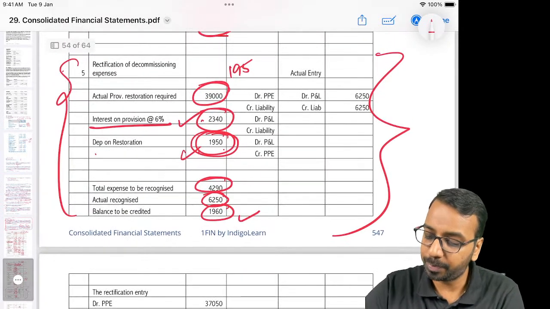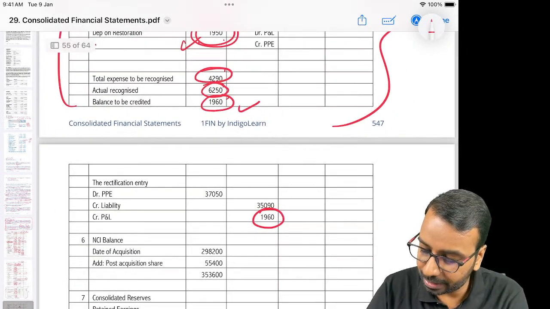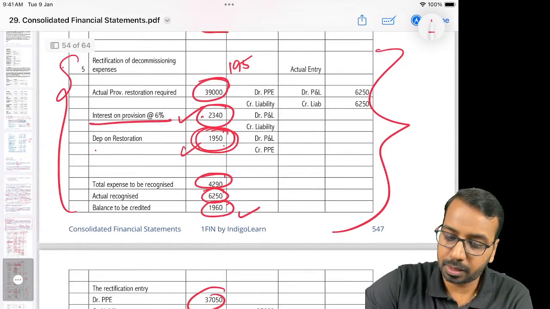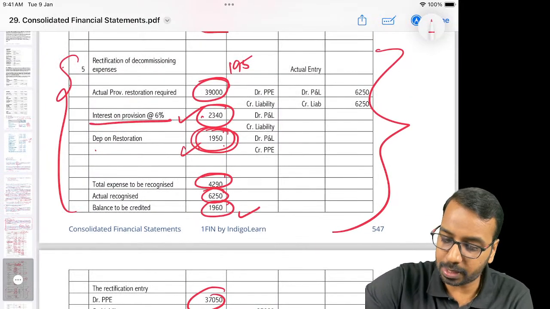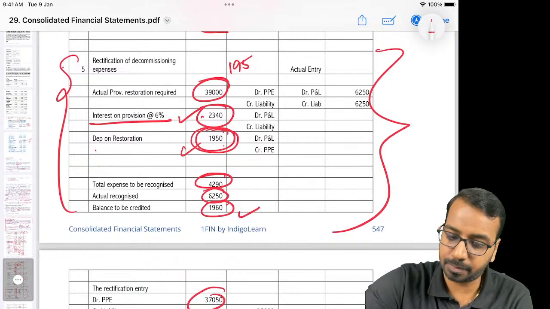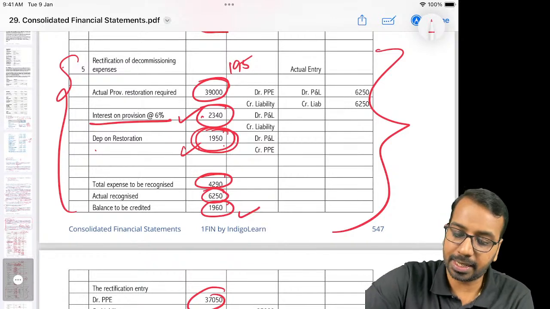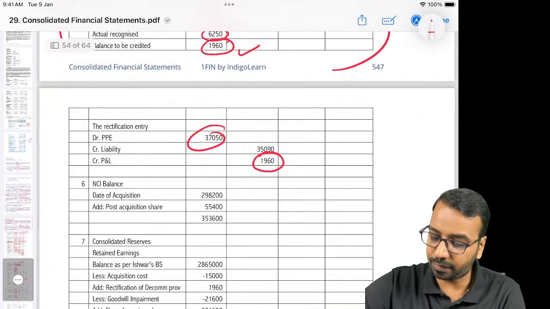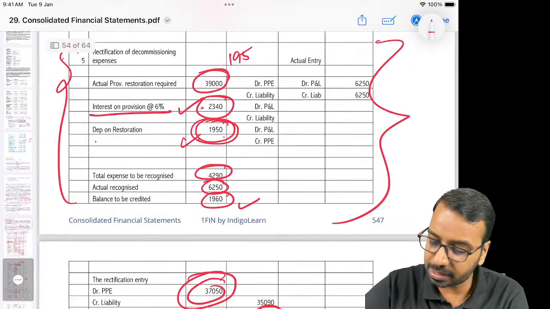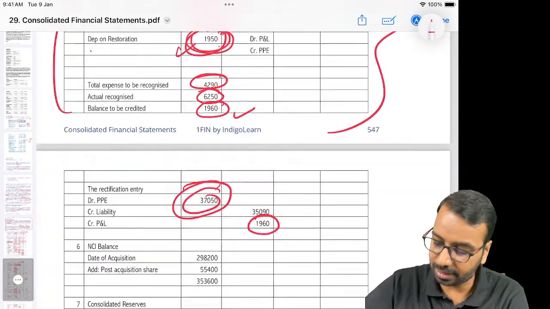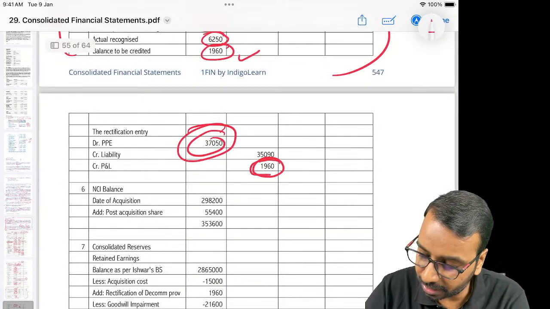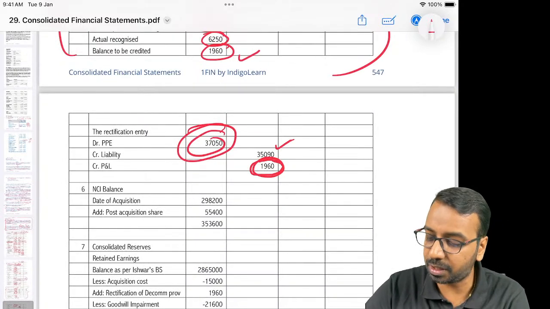Okay. And how much should we add to PPE? 39,000 minus 1950, 37050, we have to add to PPE. That is 39,000 net of depreciation. We have to credit to P&L 1960 and a liability of 35090.